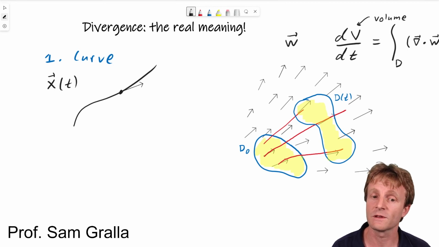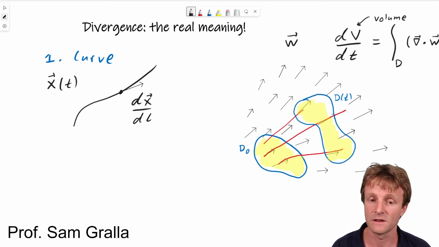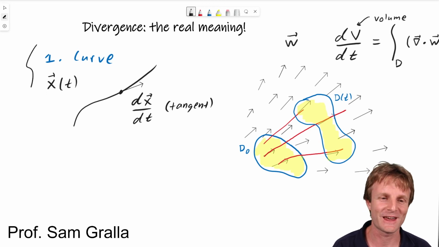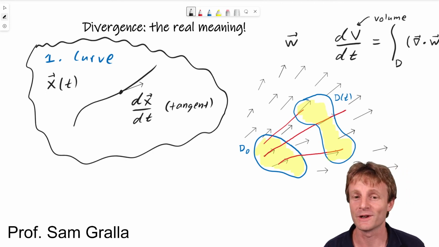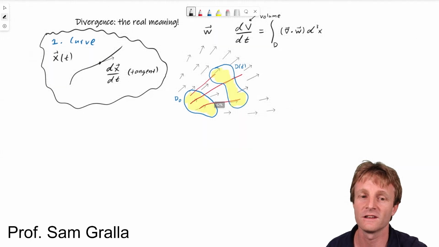And what is the formula for the tangent vector to a curve? Well, it couldn't be simpler. It's just dx/dt. And so that's the tangent vector. All right. And so that's all we're going to need for curves. So that was step 1. That wasn't so bad. Hopefully that was easy review for you. Okay? Curve x of t, tangent vector dx/dt.